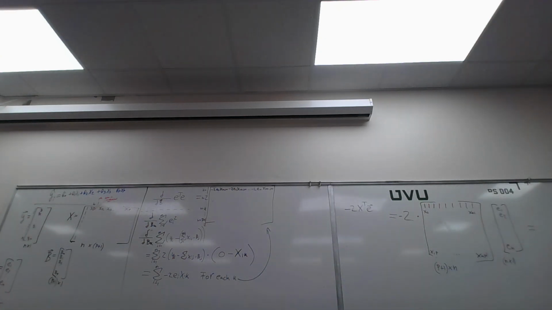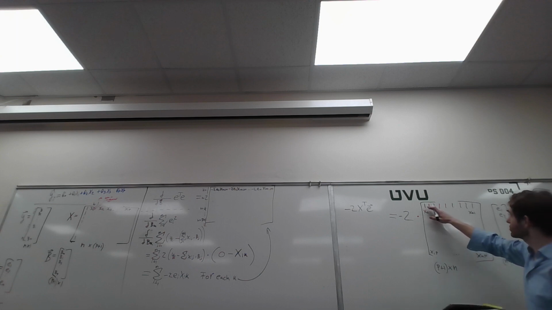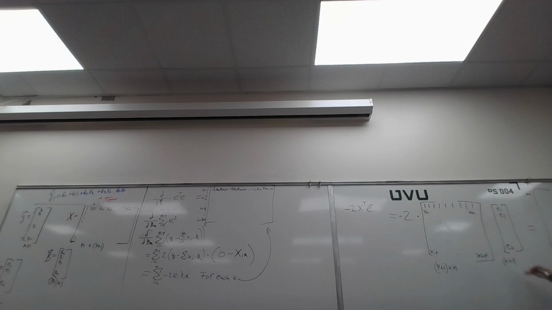And let's think about what our elements are going to look like. Let's think about our very first element, for the p plus 1 where k is equal to 1. It's going to be this entire row multiplied by this entire vector. Well, that one's actually kind of boring.